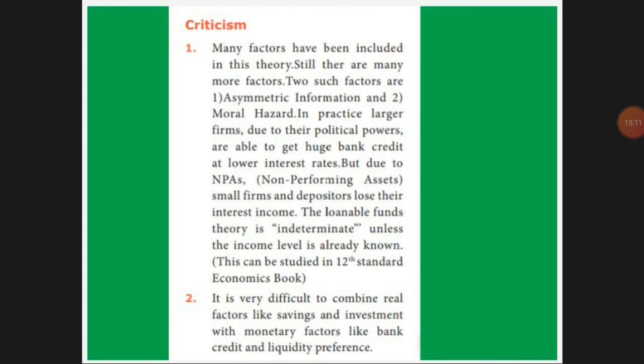So this theory also has some criticism. This criticism has two factors. First, asymmetric information and moral hazard. In actual practice, businessmen who have political power will get more credit from the bank with less interest. So, due to NPAs, that means non-performing assets, small firms without a political background, or small depositors, cannot get more loans with less interest.